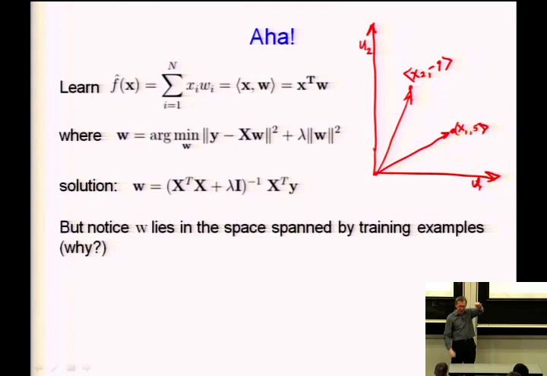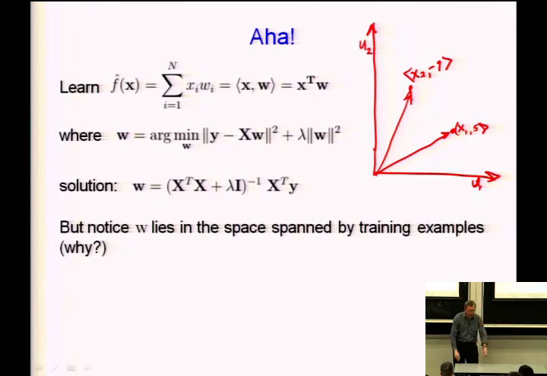It's just the projection of this w into the plane that those examples actually do live in. Its dot product with each training example will be identical to the dot product of this longer w that doesn't live in the plane. And because of my regularization term, which is penalizing for the length of w, my objective function is going to prefer the one that actually lives in the plane.